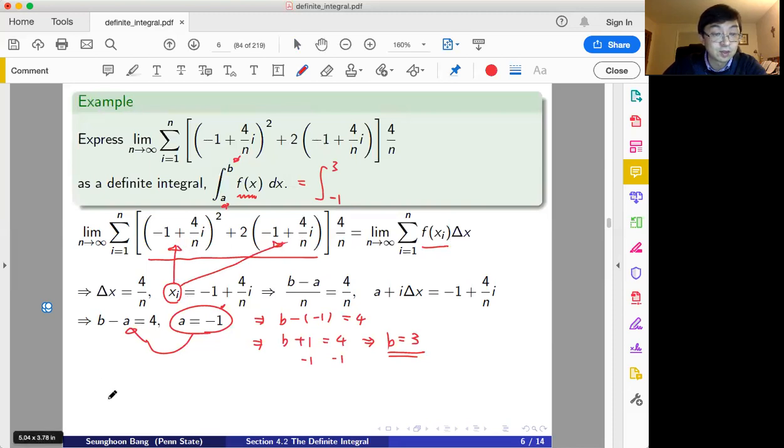So what happens? We get xi squared plus 2 times xi, exactly the same as f of xi. So what is f of x? The idea is very simple. Only eliminate i.